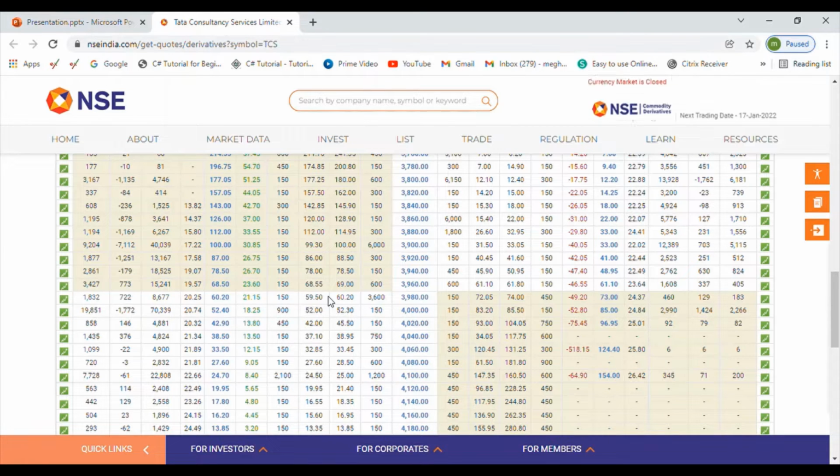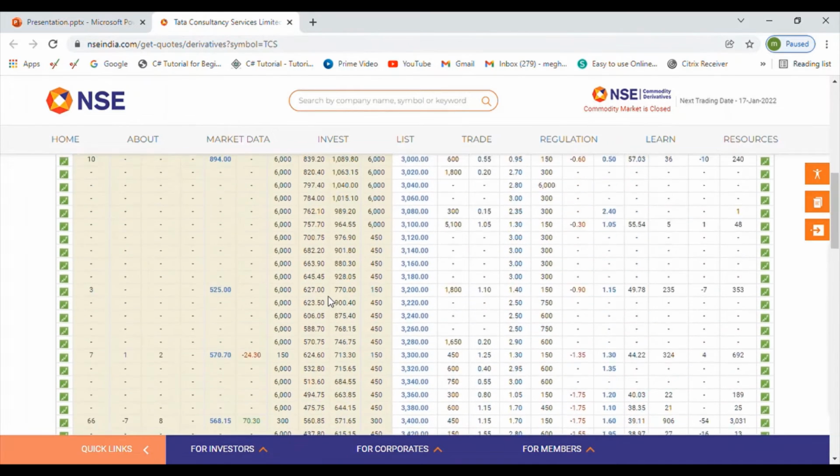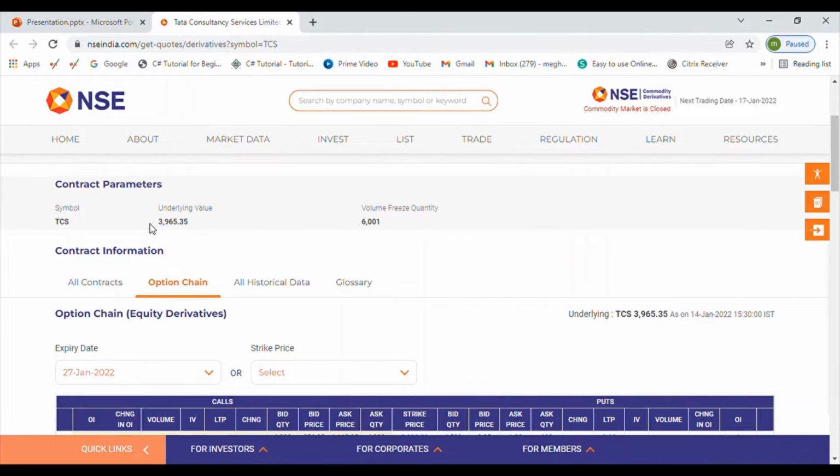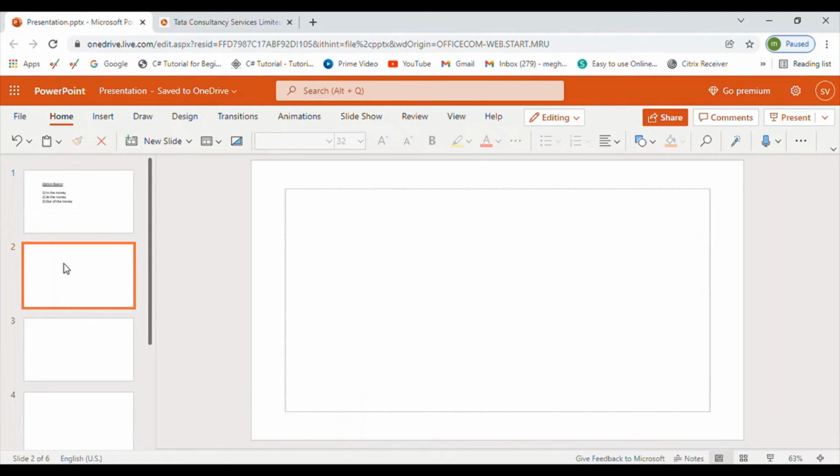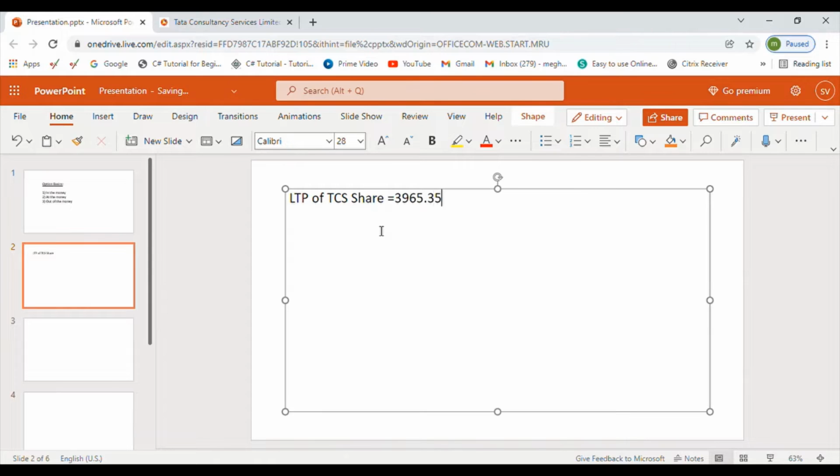When we look at the underlying share price of TCS, it is currently trading at 3,965 rupees 35 paise. Let me write it here. Last traded price of TCS share equals 3,965.35 rupees.